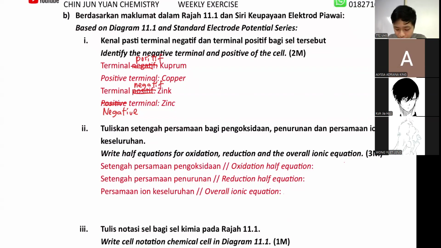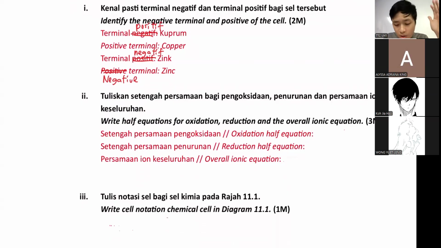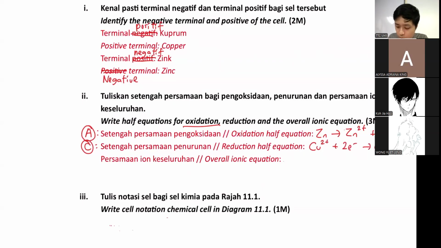Okay, the half equation and the ionic equation. The oxidation one is at the anode: the Zn donates 2 electrons to become Zn2+. Then the cathode undergoes reduction: Cu2+ receives 2 electrons to become Cu.